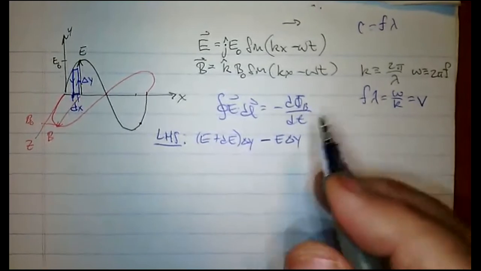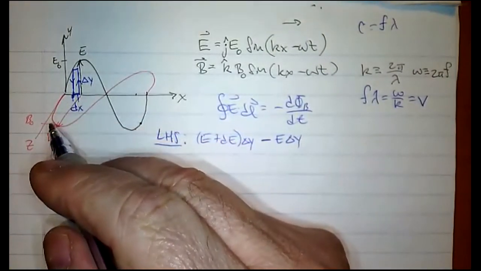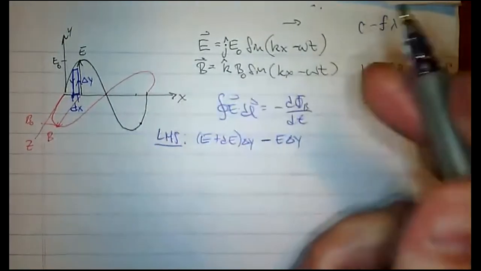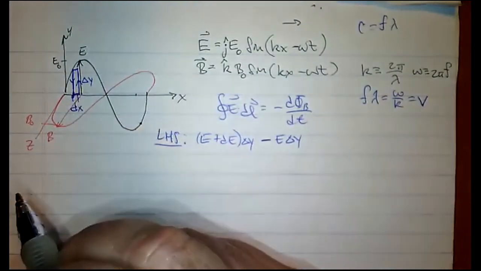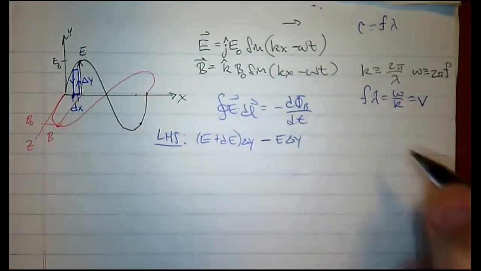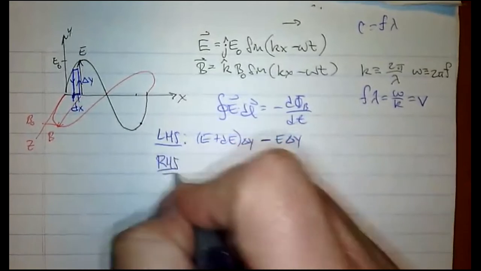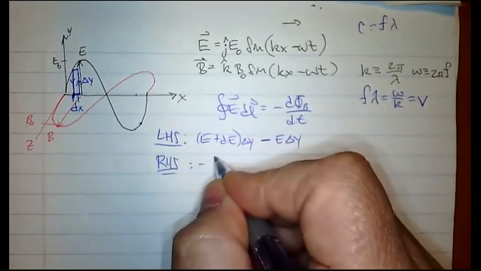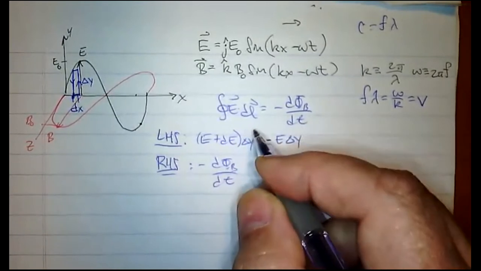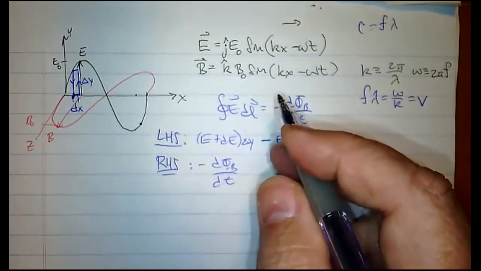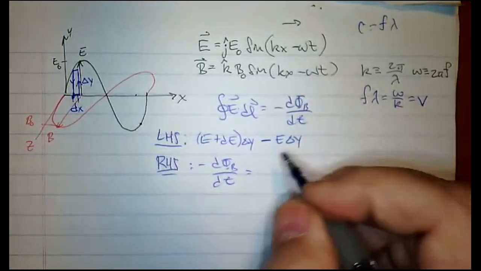But the right-hand side is going to be my magnetic field, and that's going to be basically the flux of it. So the flux is the magnetic field times the area. So I can say right-hand side, or at least part of the right-hand side, negative d phi B over dt. Well, in this case, we're going to say the d phi B is really just dB.